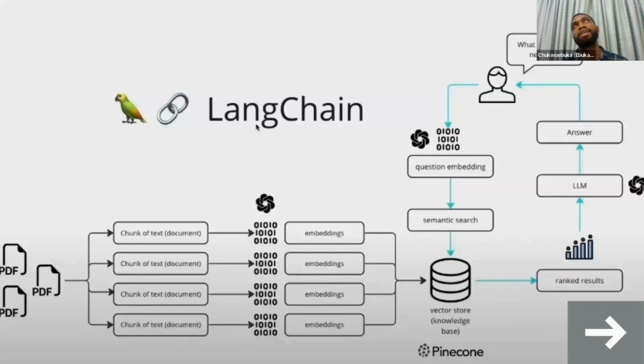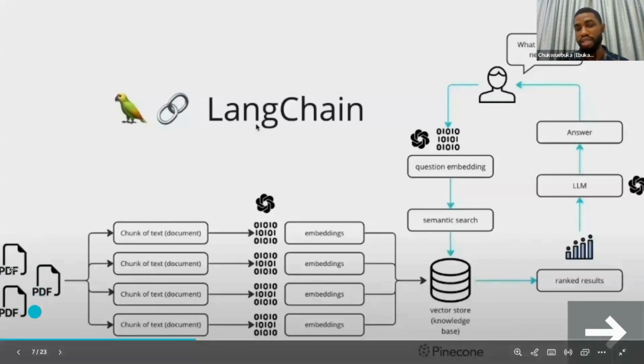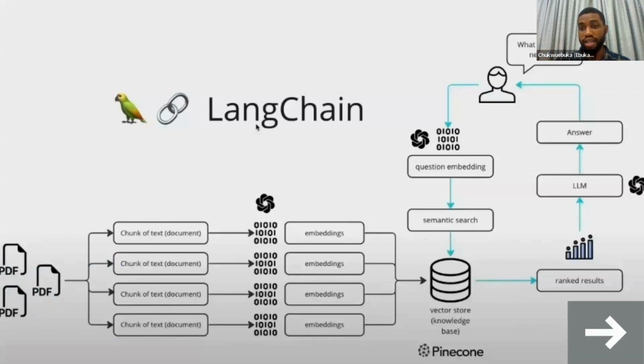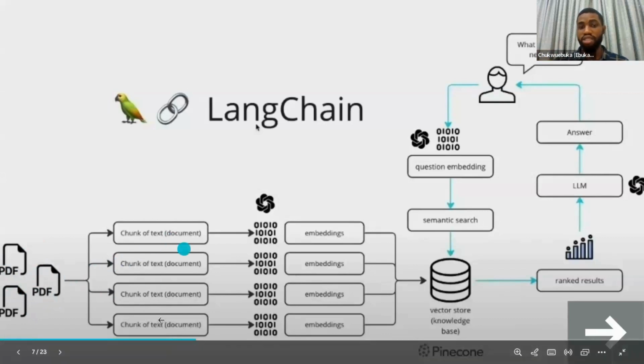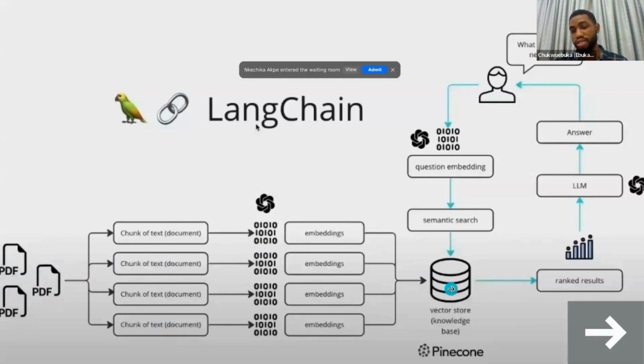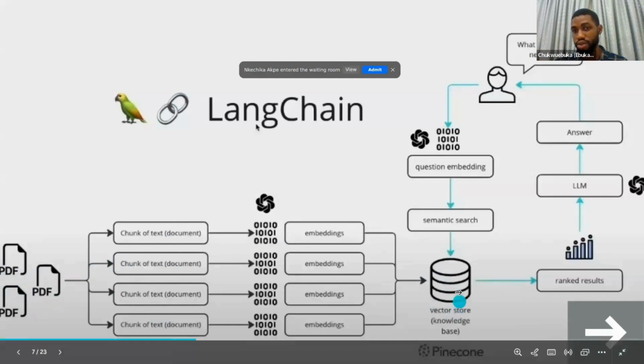So this is what LangChain is about at its core. You feed it your documents, in this diagram a PDF. I mean, not just LangChain, RAG as a system. It chunks those PDFs, embeds them, and stores those embeddings in a vector store.